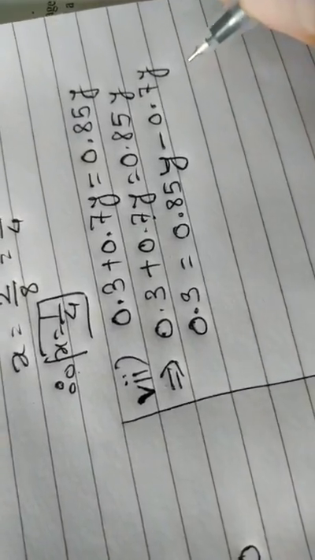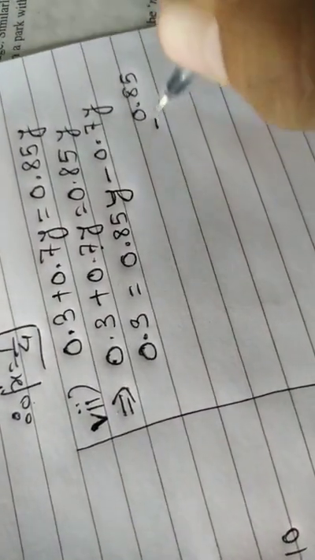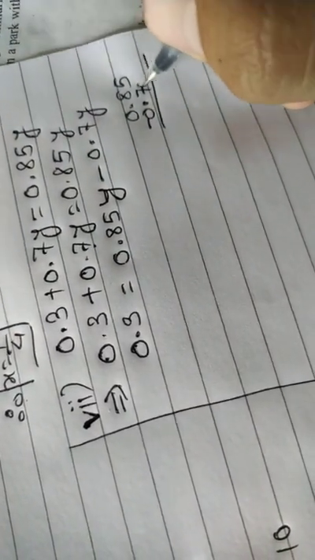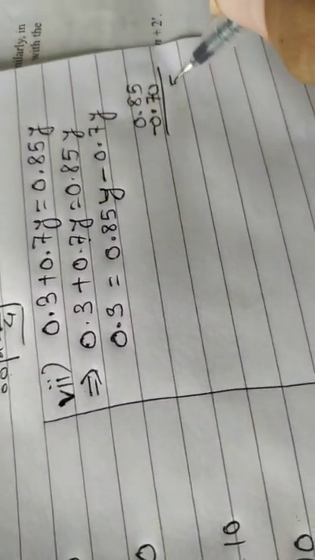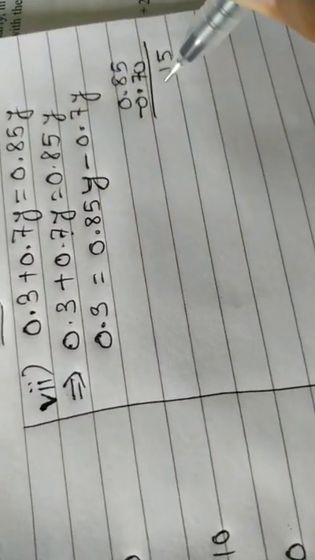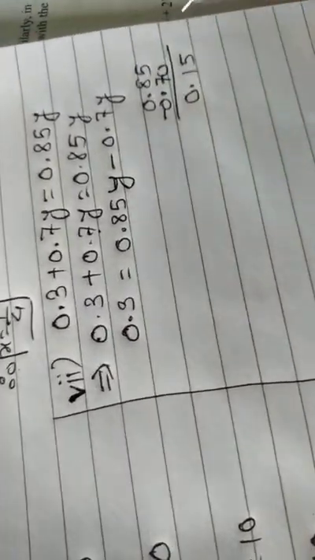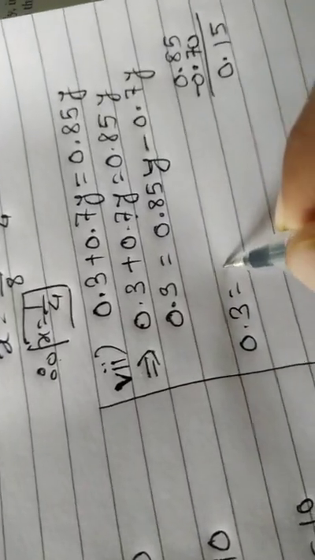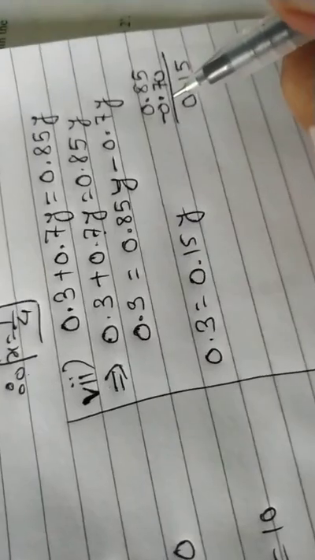You know how we subtract 0.85 minus 0.70. 5 minus 0 is 5, 8 minus 7 is 1, decimal below decimal, and 0 as it is. So we get 0.3 is equal to 0.15 and y as it is.